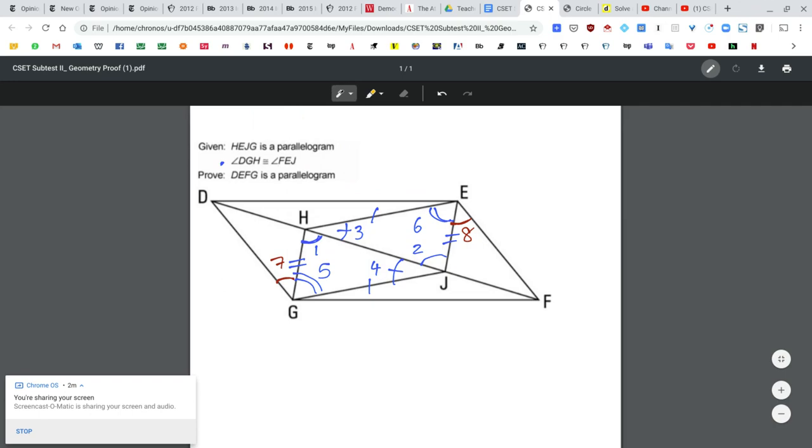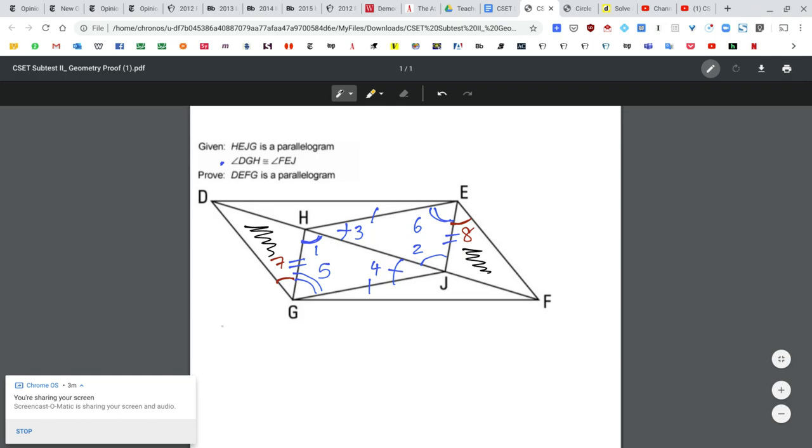I just switched to black ink. So you can pause the video and have an independent shot of the problem. Otherwise, here's what my approach will be. There's no one right way to do the problem; there are several approaches. If I can show that this triangle over here is congruent to this triangle over here, then that's my initial objective.